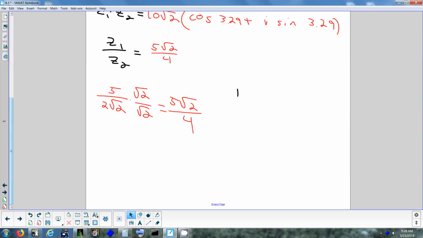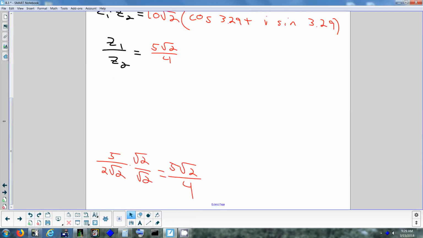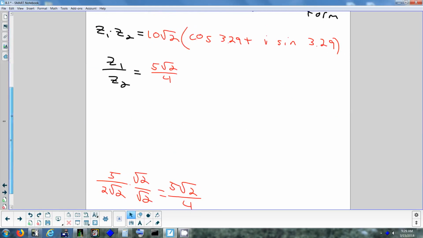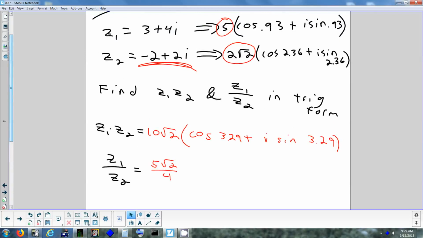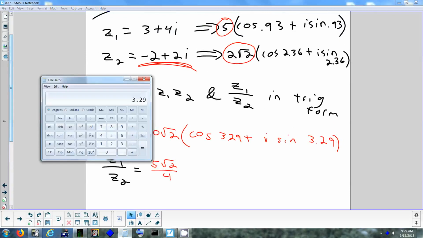Okay, so we've got our radius. How about my angle? What do I do with my angles in trig form when I divide? Subtract them. Now, something's going to happen here. 0.93 minus 2.36.